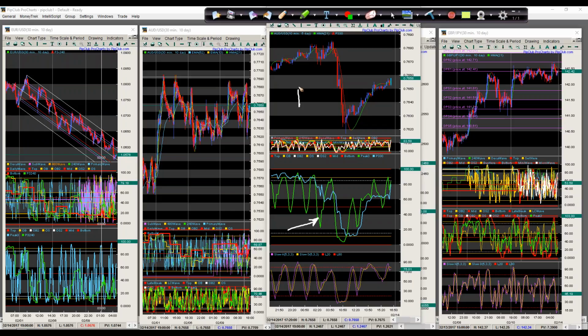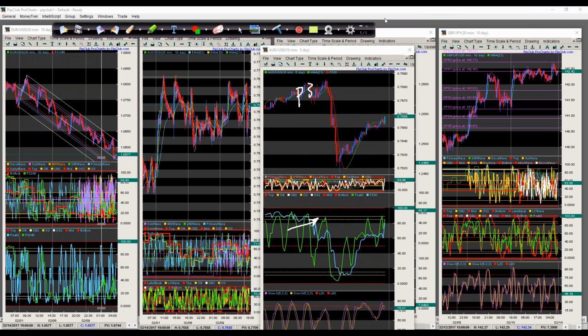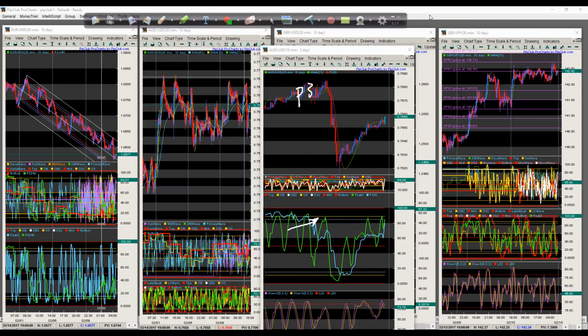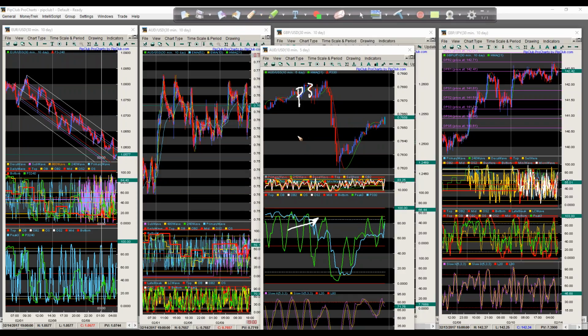Peak 3 is local to the chart, meaning if I'm looking at a 10-minute chart, the Peak 3 is the 10-minute Peak 3.